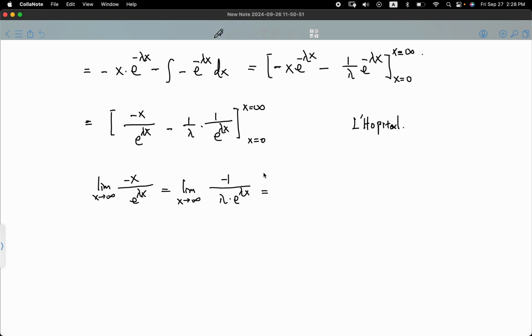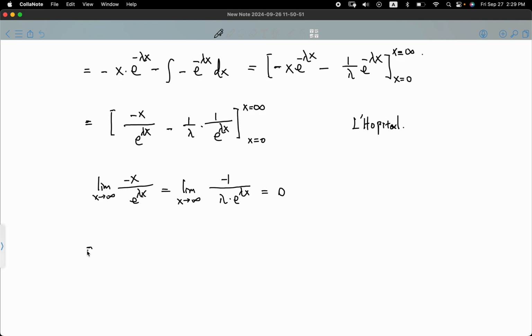And now you essentially have a -1 divided by a very large number, which gives you a 0. Okay, and then for the second term, when you plug in infinity, you just have 1 over infinity, and this goes to 0.